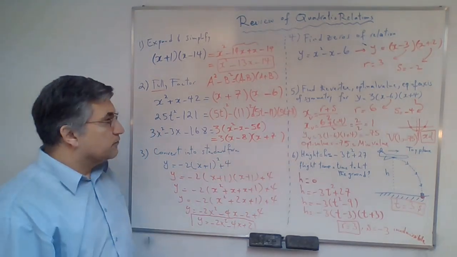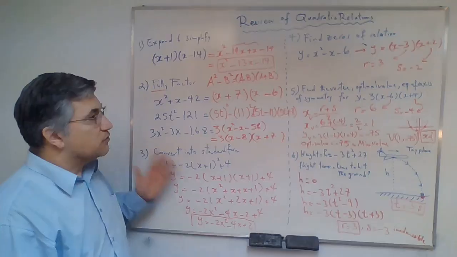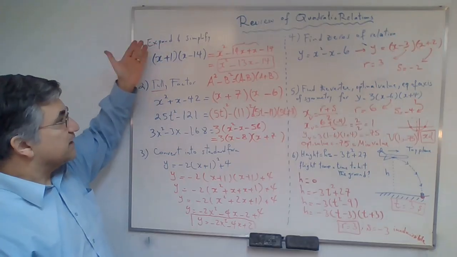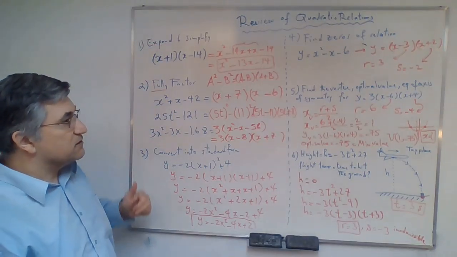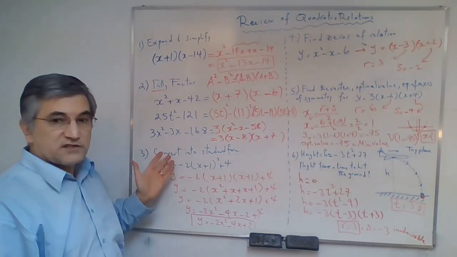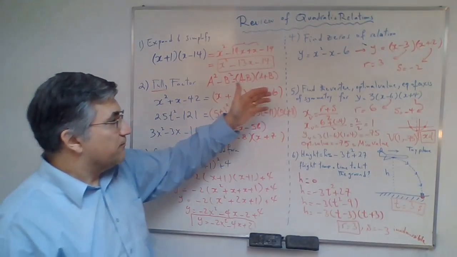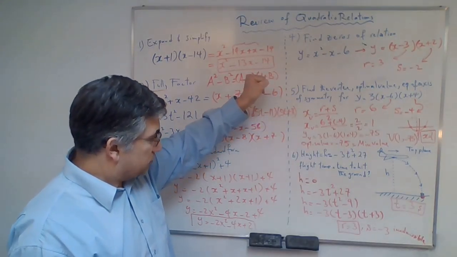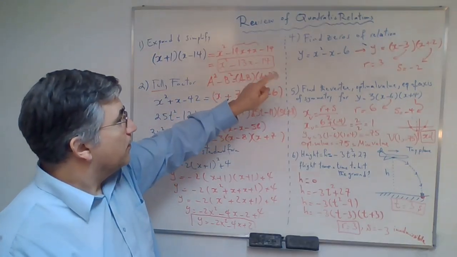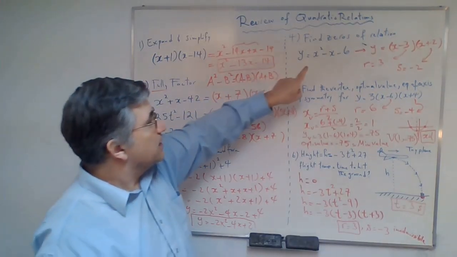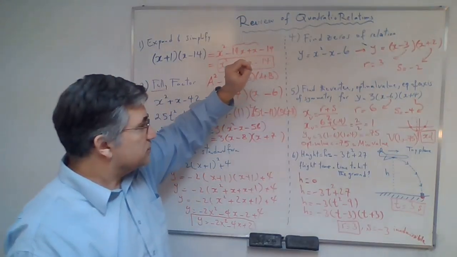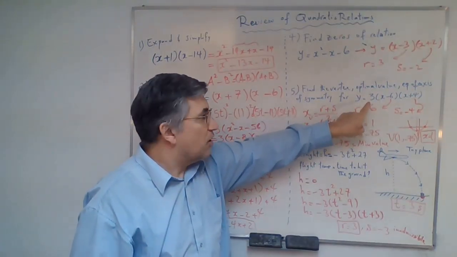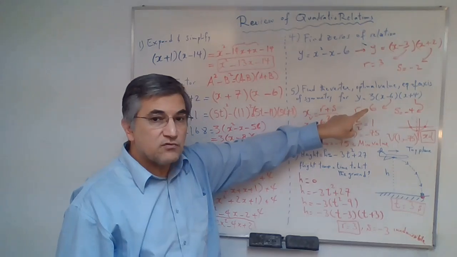And we tried to very quickly review this whole chapter: expanding and simplifying questions, factoring questions, conversion from vertex form into standard form, finding the zeros of the relation, finding the vertex given the equation of the quadratic relation in intercept form or factored form.